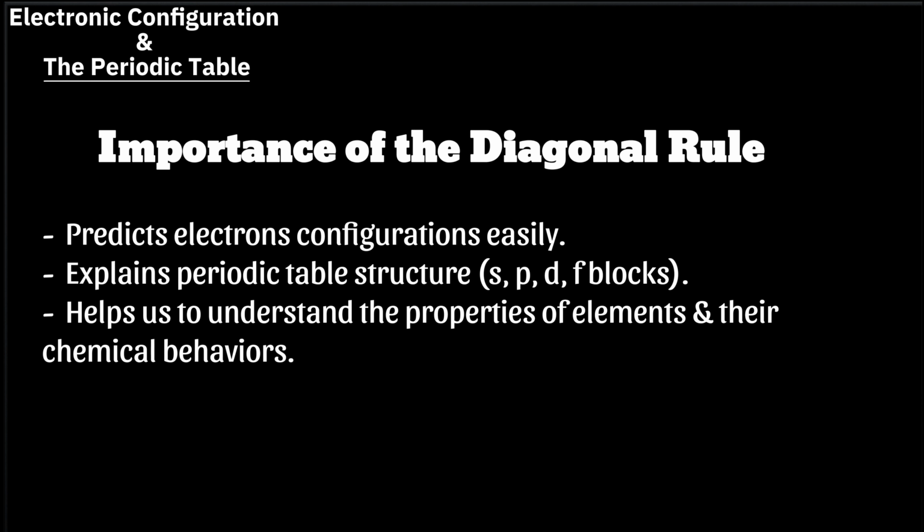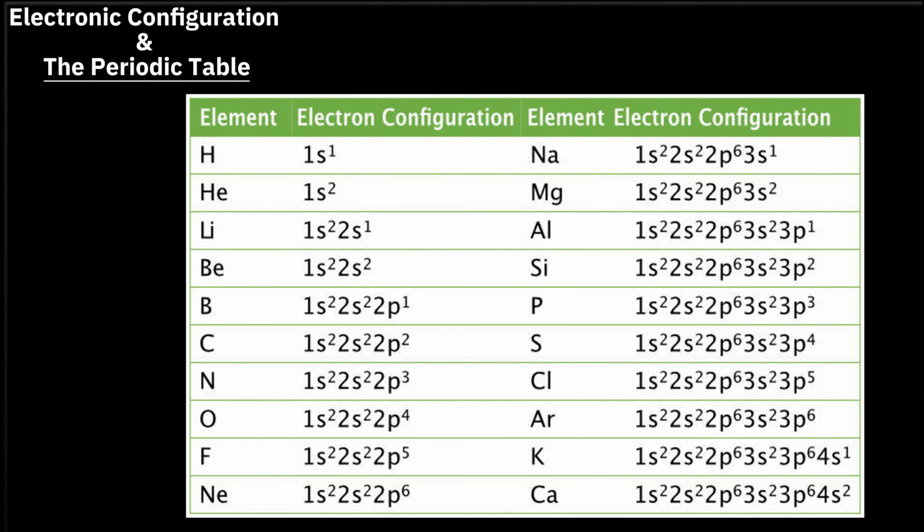In the periodic table, you have the S group, the P group, the D group, and the F group, the F block. Number 3, it helps us to understand the properties of elements and their chemical behaviors. Then examples of electronic configuration.